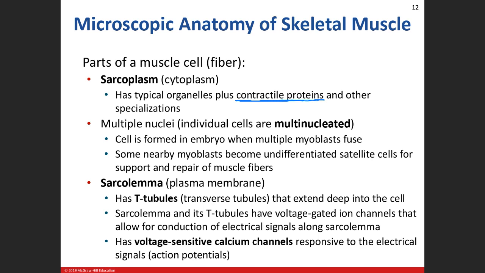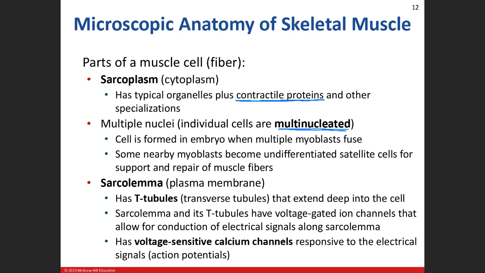Also, inside the cell, we'll see our nuclei, but as you remember from chapter 5, these cells are multinucleated. At one point, when you were developing inside of mommy, you had these individual cells called myoblasts, the embryological stem cells for our skeletal muscle cells.